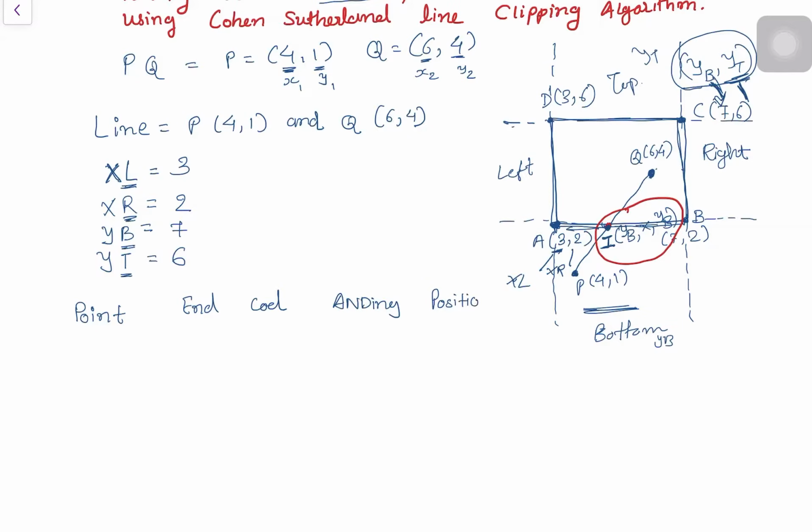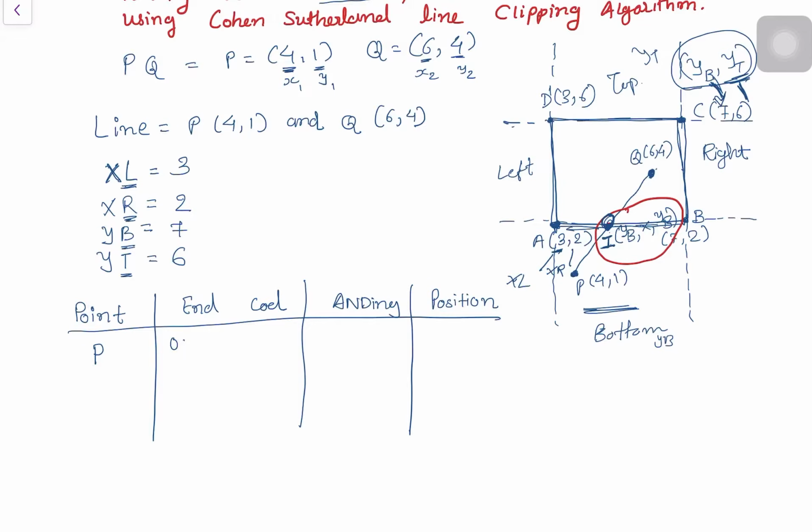So this way we can find the position. Let's take the point P. Now this P point, in which corner is it? Bottom. So it will be in the window, so the end point is 0.